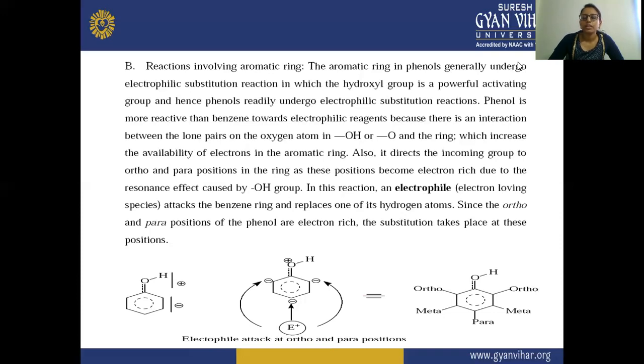So the electrophile attacks the ortho position and the para position, which are electron rich on the carbon. You can see here the OH and the ortho, meta and para positions, and on the ortho and the para positions there is electron richness, so the substituent or the electrophile will attack these positions.